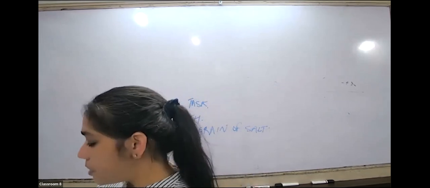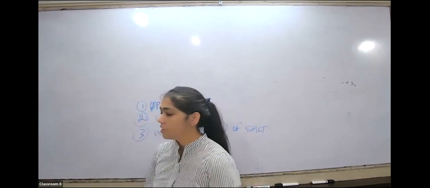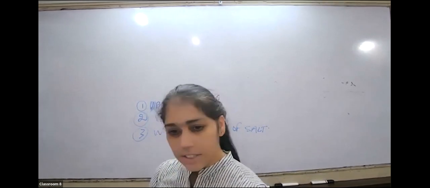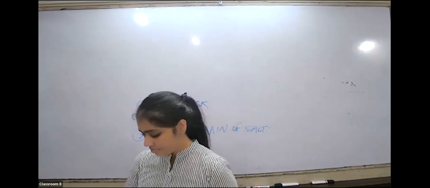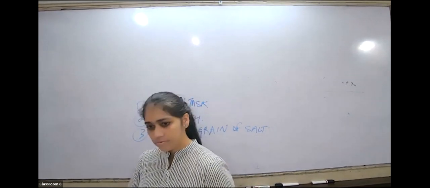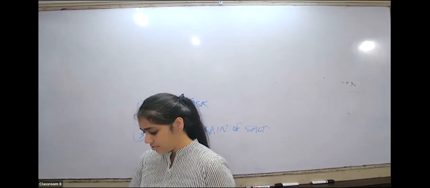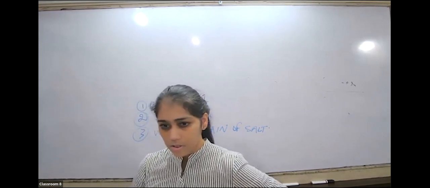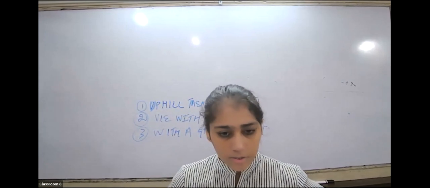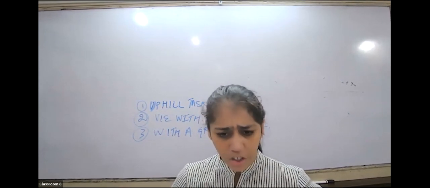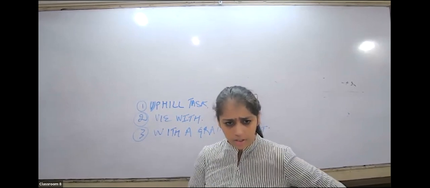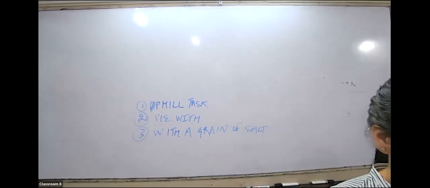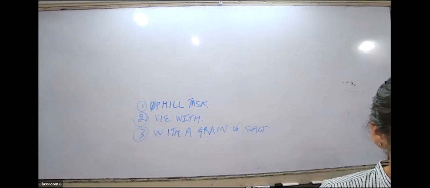Okay, the next one, labor of love. Satvika, tell me in short, what do you mean by that? Labor of love means a result or an effect that comes out of constant love.